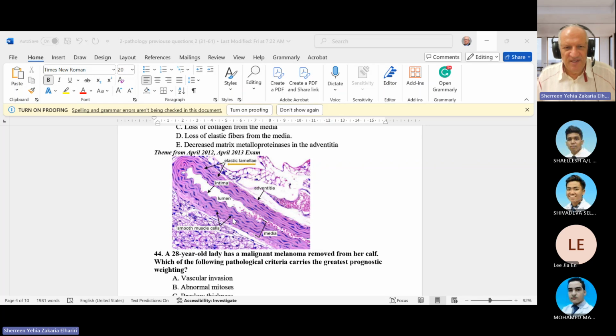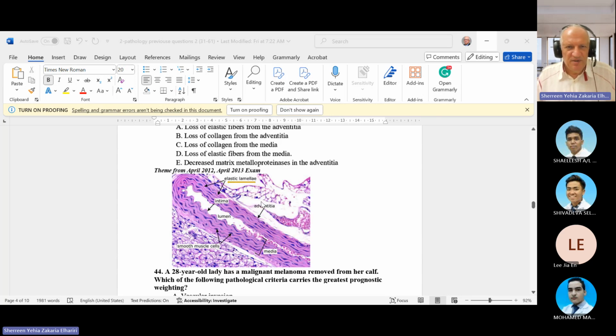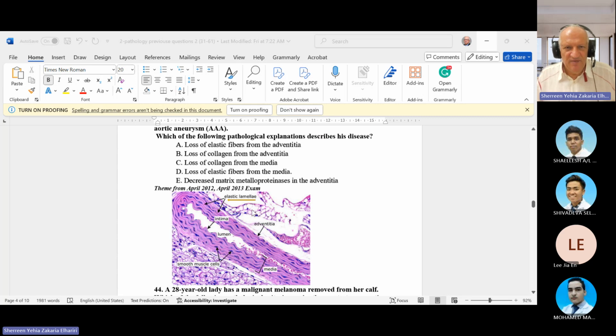After that, we have the muscle layer containing elastic lamina. After that, the covering is the adventitia, like the serosa in the intestine. So to have an abdominal aortic aneurysm, you must have a defect in the muscle in the media area. So the answer is something in the media.